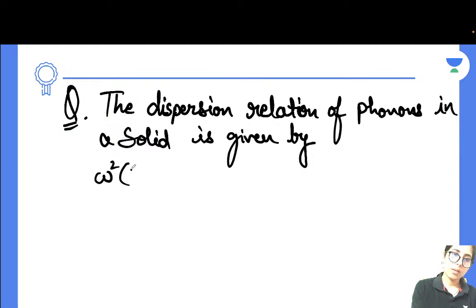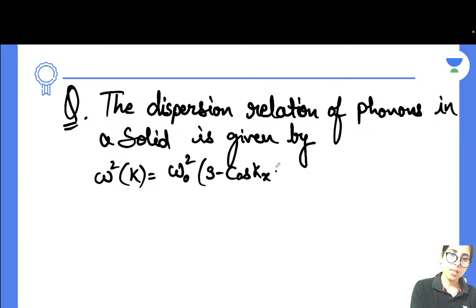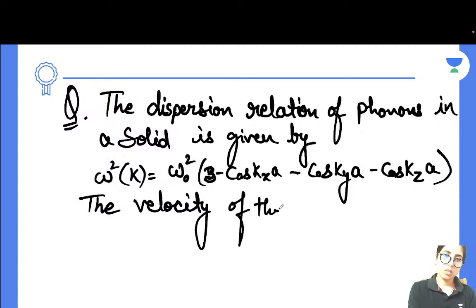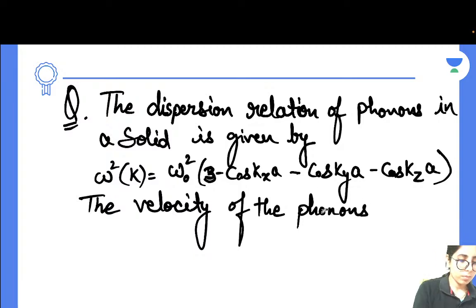omega square k is equal to omega naught square times 3 minus cos kxa minus cos kya minus cos kza. The velocity of the phonons at large wavelength is.